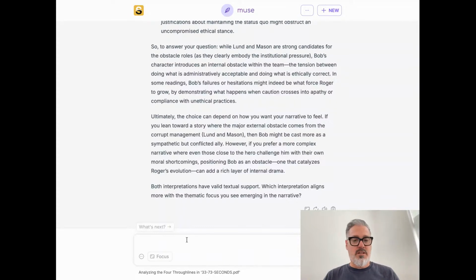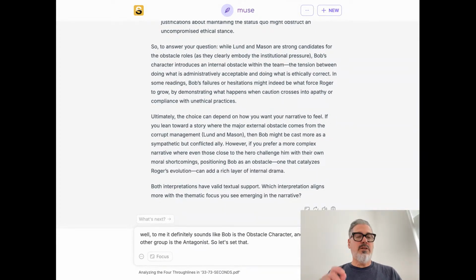Well, to me, it definitely sounds like Bob is the obstacle character, and that the other group is the antagonist. So let's set that. I'm just putting pins, setting markers, like, all right, I'm going to say this is it.